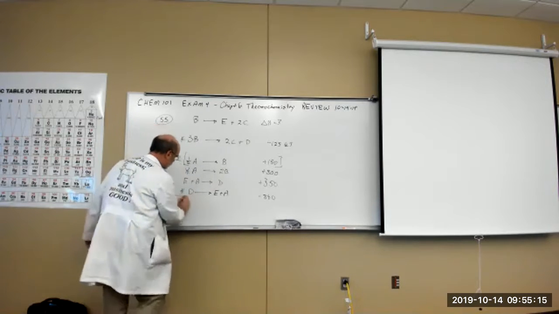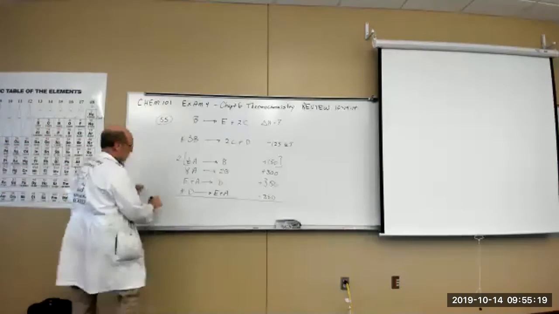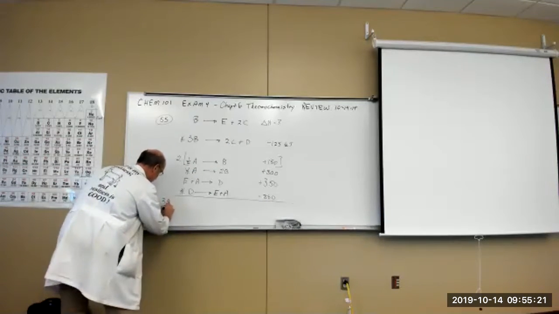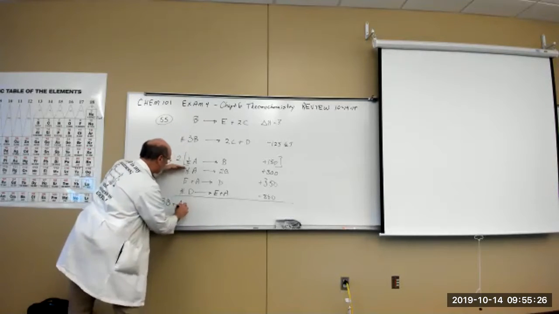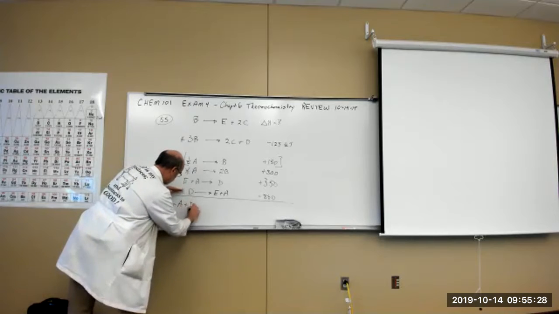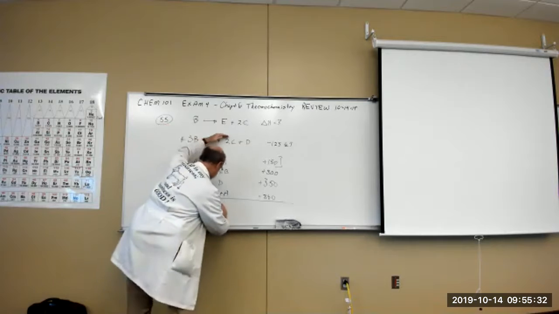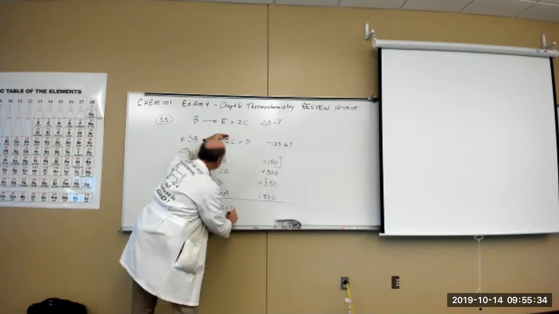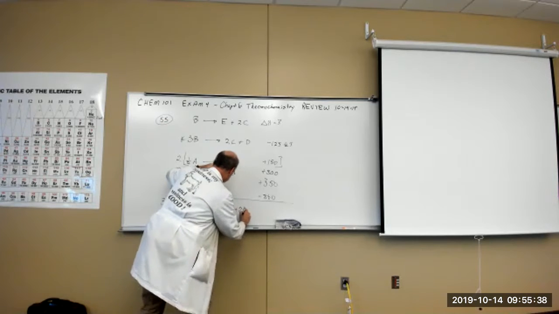Now let's see what we get when we add them up. I'm going to bring everything down. So there's a 3B on this side. There's an A. There's a D. Now on the other side, there's a 2C plus a D. And there's a 2B on this side.